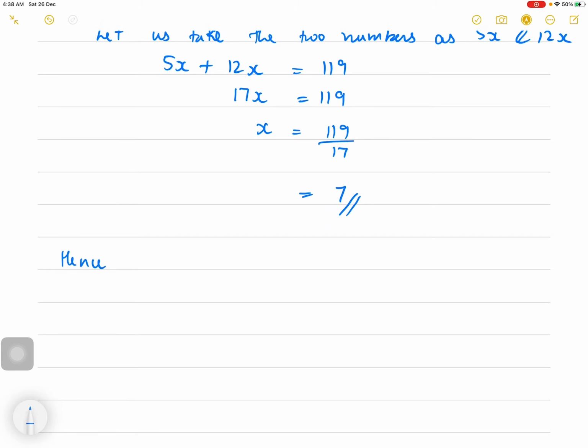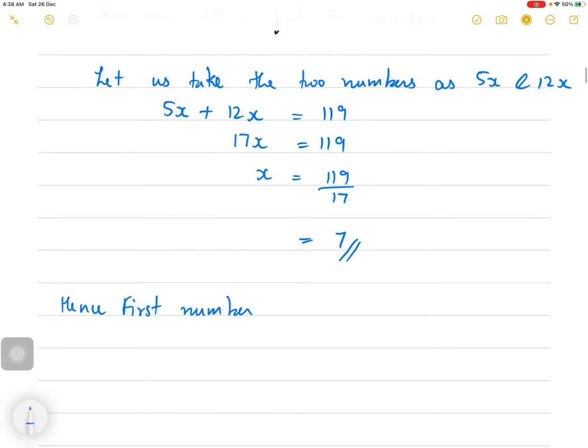So hence first number, which is 5x, that is 5 into 7 is equal to 35.